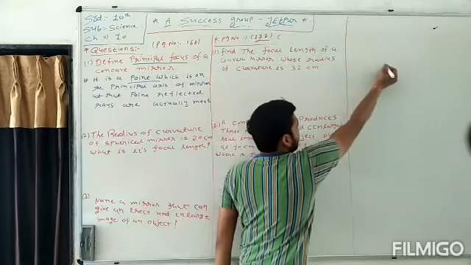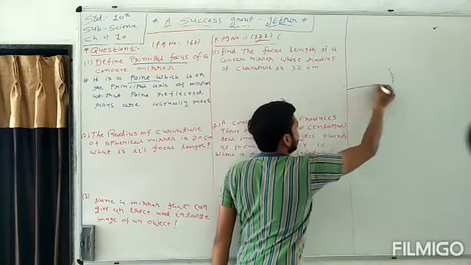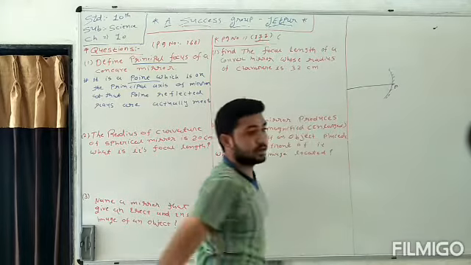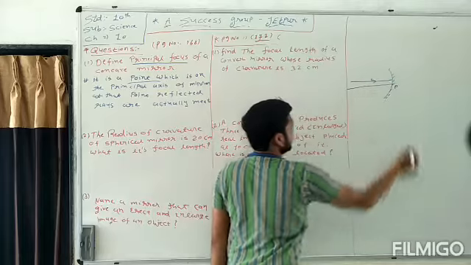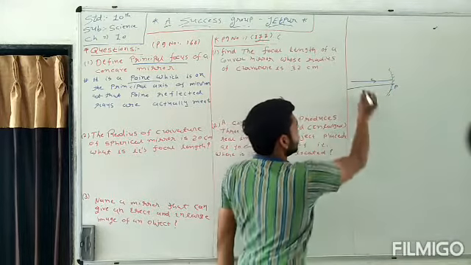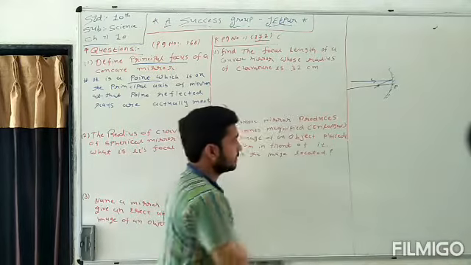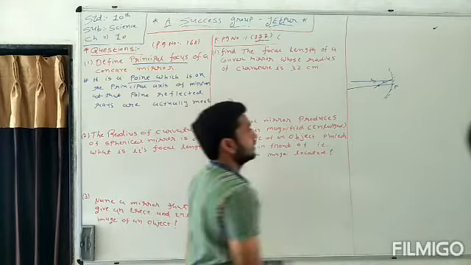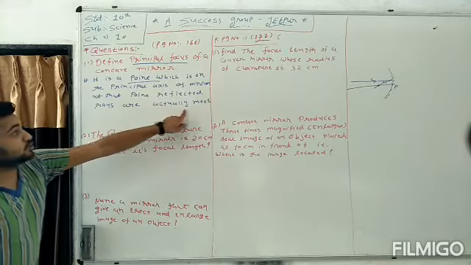Like this, this is our concave mirror, this is the principal axis. Suppose the incident ray which passes parallel to the principal axis, after reflection it actually meets. Here I use the word actually meet.